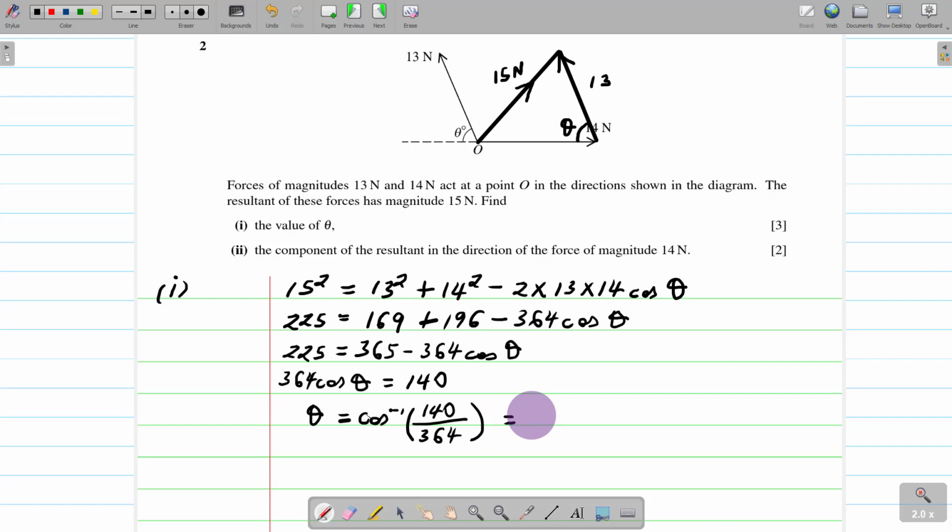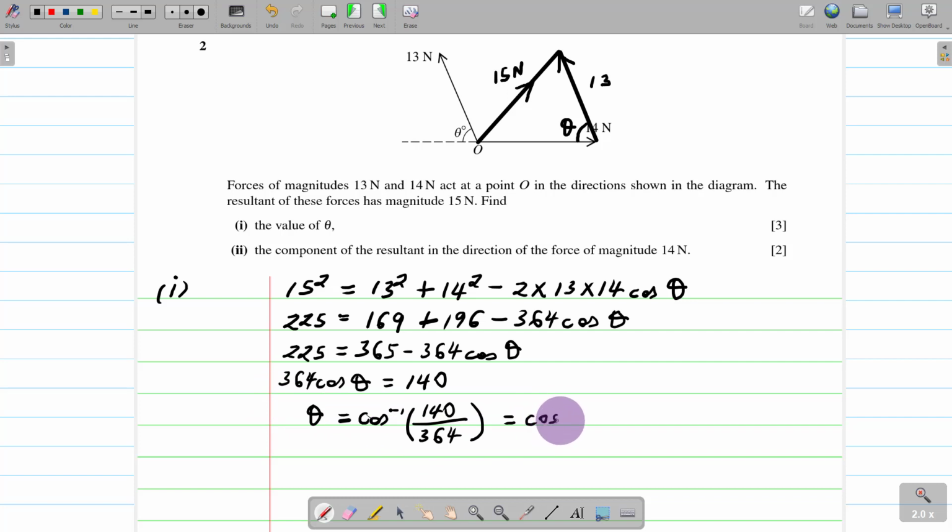I divide by 364. I get 0.3846, and that number is recurring. Then I can go right ahead. While the number is still on my calculator, I can just get the angle theta.